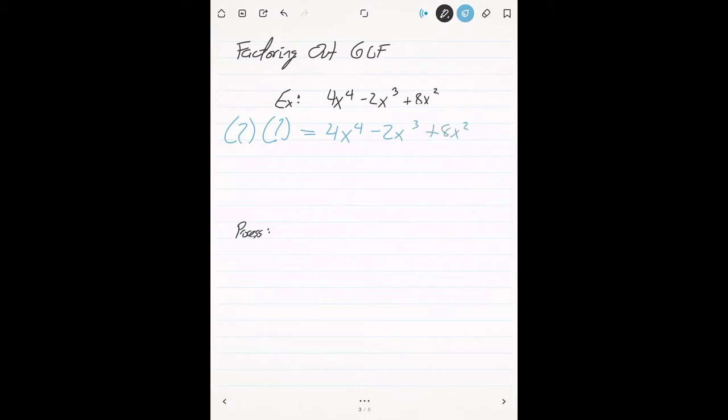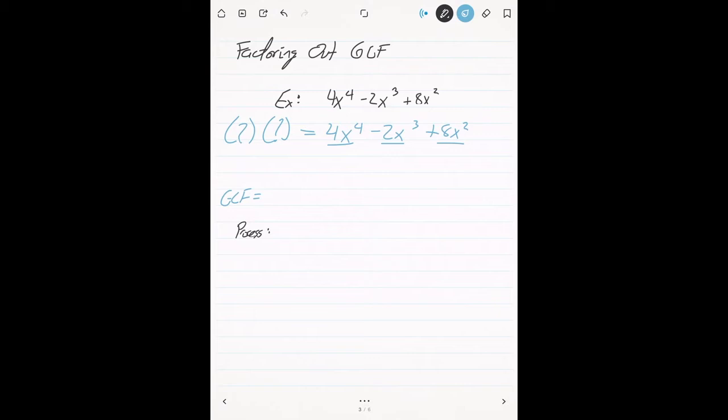The idea is maybe there is something in common with all three of these terms. With each of these individual little expressions, the 4x to the fourth, the 2x cubed, and the 8x squared, maybe they all share something in common. Maybe they all have a GCF. So the goal is, first, is there a GCF of each of these individual terms?